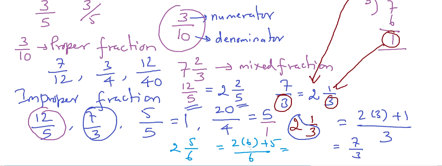So 2 into 6 is 12, 12 plus 5 is 17, so 17 by 6. So the mixed fraction 2 5 by 6, when converted to an improper fraction, becomes 17 by 6. Similarly, 17 by 6 when you convert to a mixed fraction will become 2 5 by 6. So this is how to make the conversion.